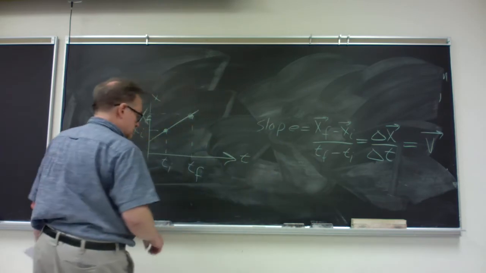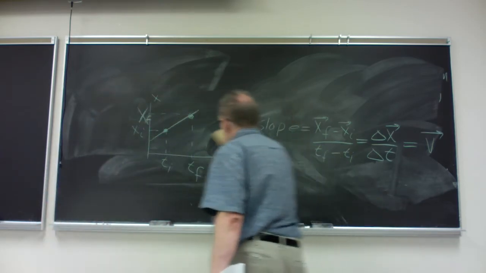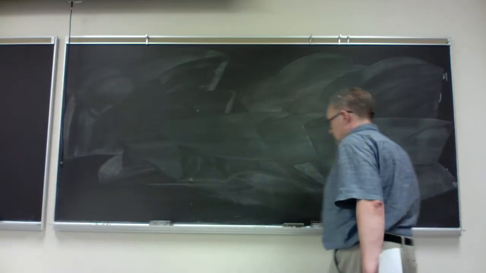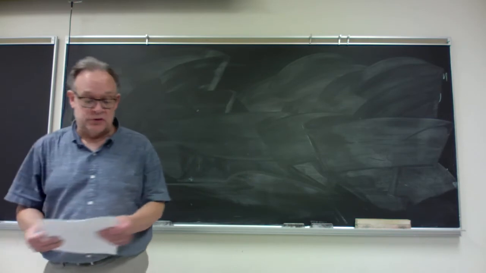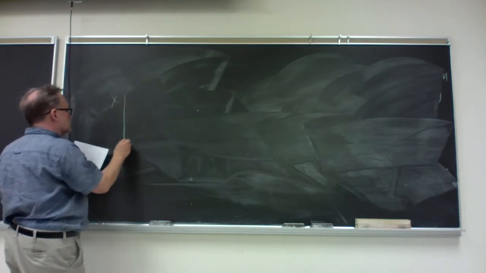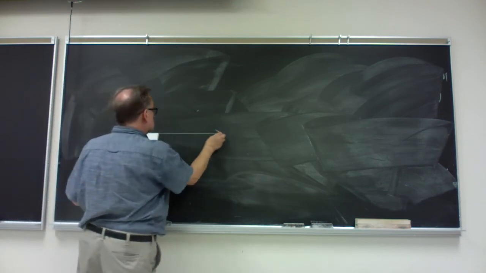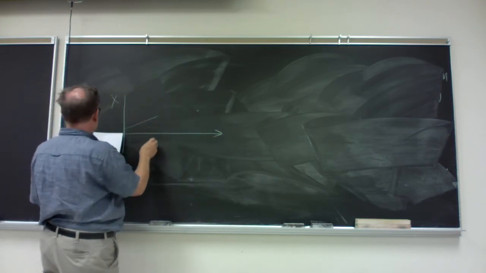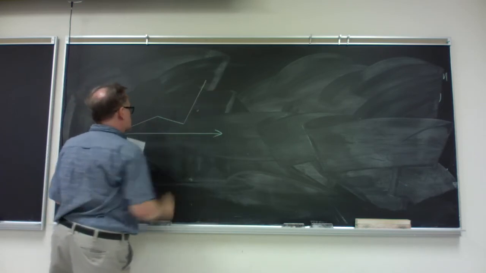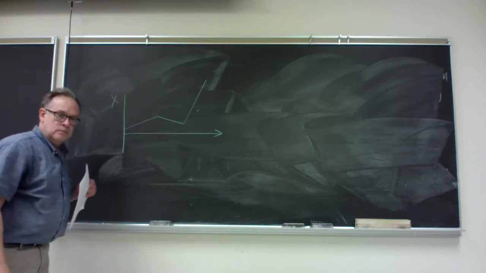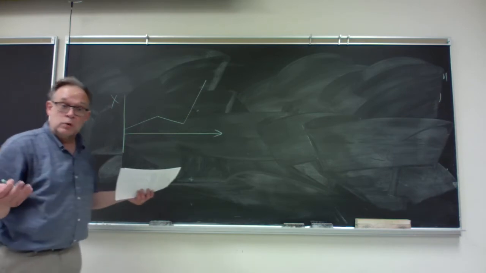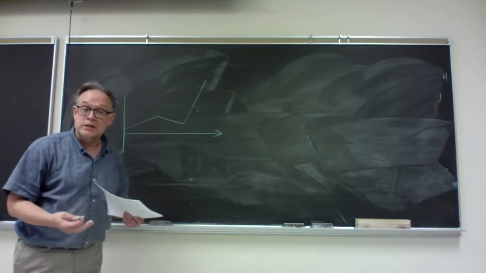For example, let's look at this graph of position versus time. And that's enough information to tell us something meaningful, probably useful, about velocities and speeds.